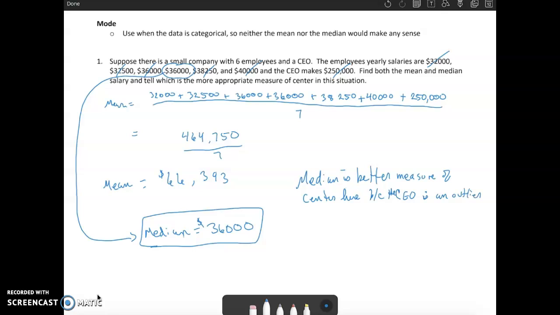That CEO salary is very, very far above all of the different employees. So that value is an outlier, and that salary pulls the mean up so far that it doesn't represent the bulk of the data well anymore.